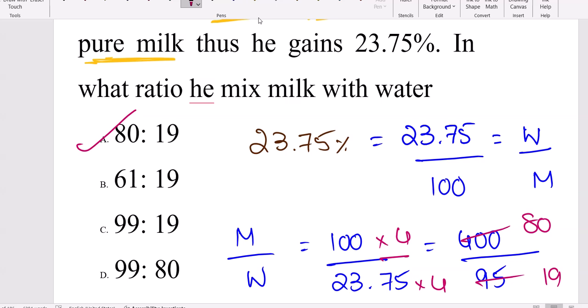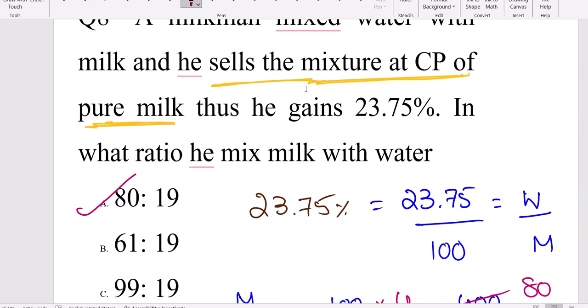But now two things should come into your picture. Suppose this condition is not given in the question. In another question, they are given differently: the selling price is 80 rupees. The milk cost is 100 rupees, but he is selling for 80. Are both equal? The cost price of milk is 100.